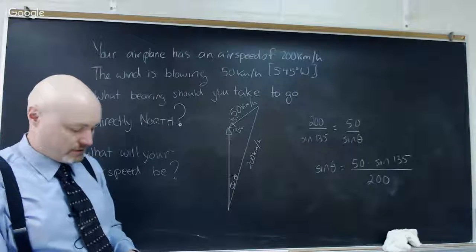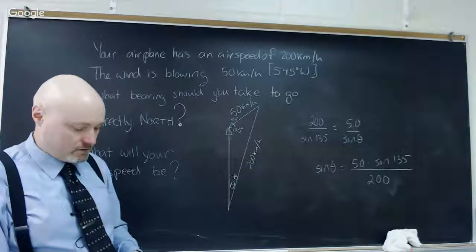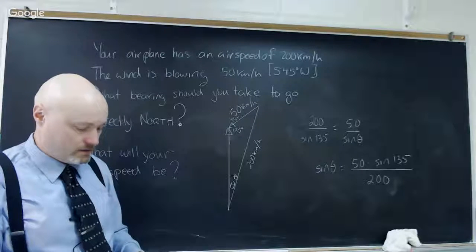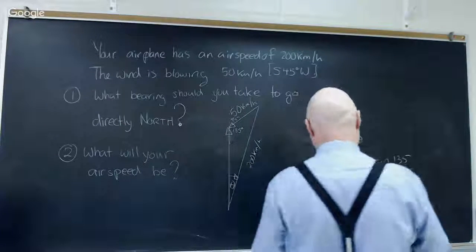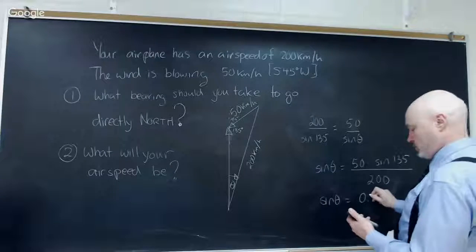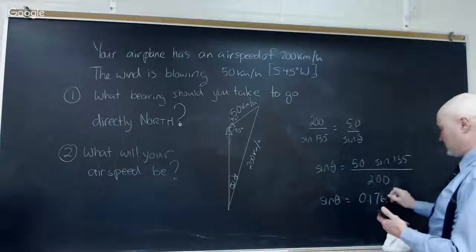So 50 times sine 135 divided by 200 is equal to 0.1767.